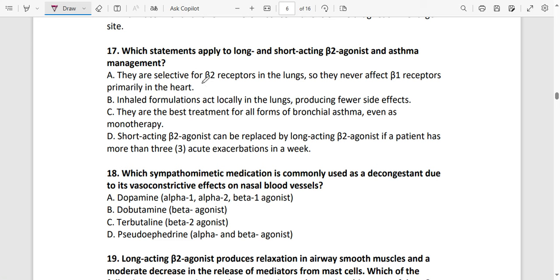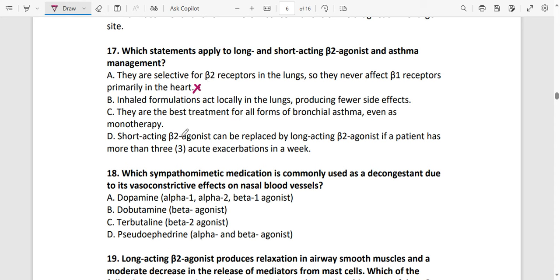Oh, please go on, Doc. Thank you so much. It can as well have other effects on the other receptors because they are all receptors for adrenaline anyway.